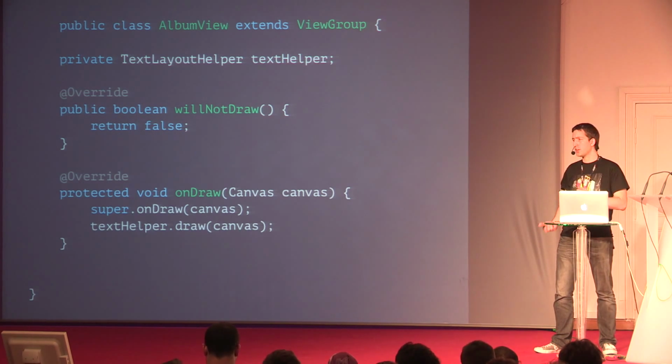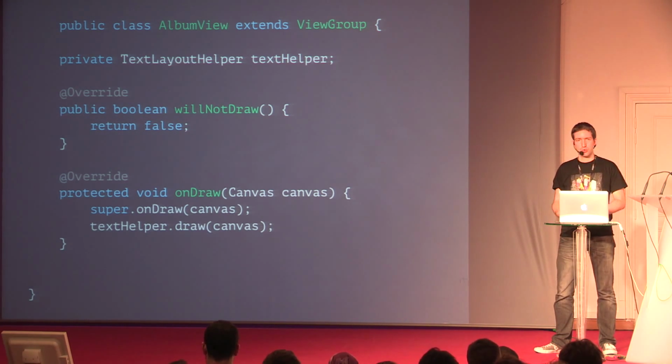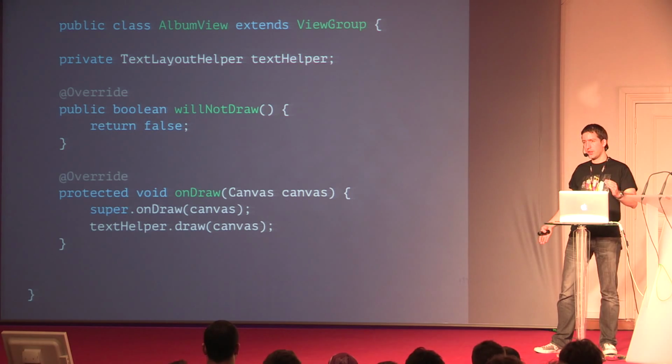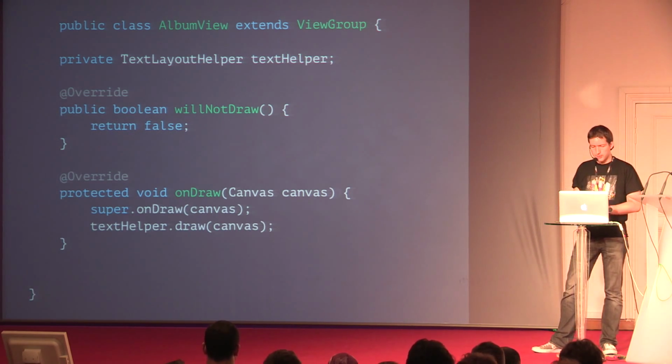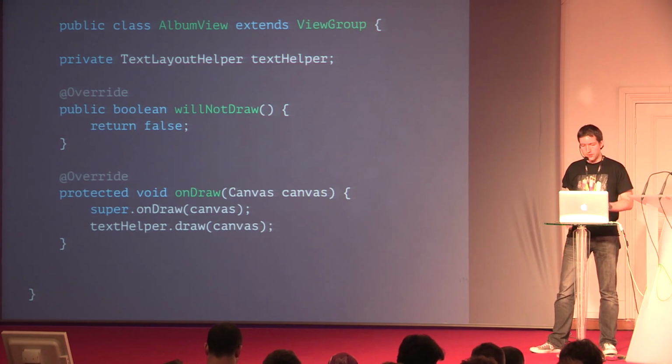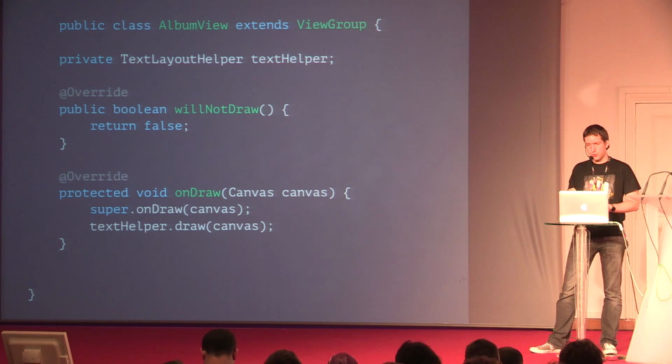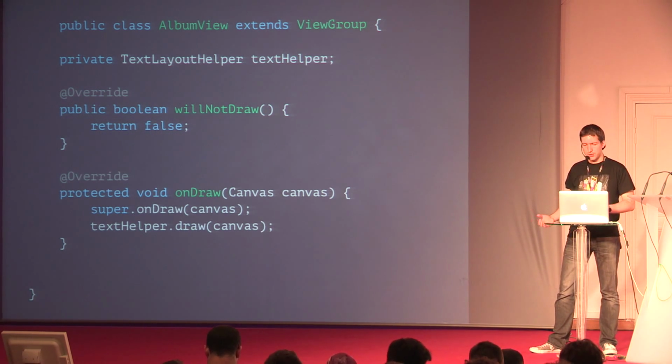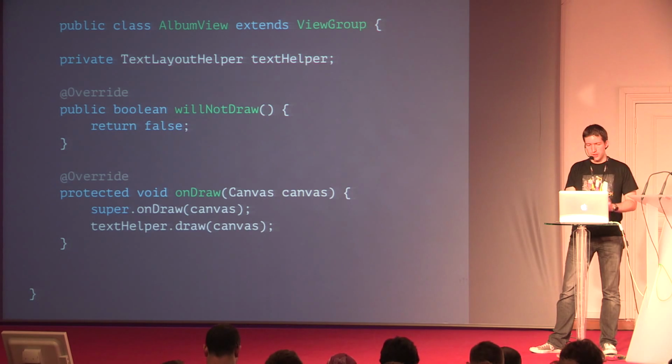So again, it's a bit of an artificial example to not write an extremely long view group. Now I am going to draw the text myself. I will forget about TextView. So I want to draw in a view group.